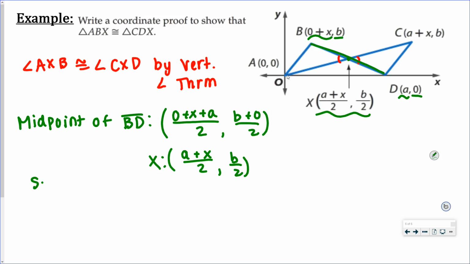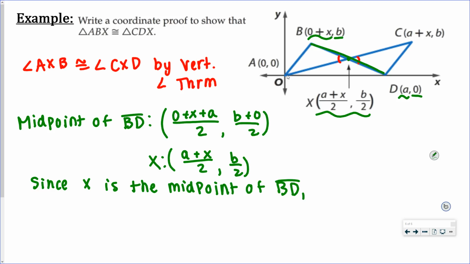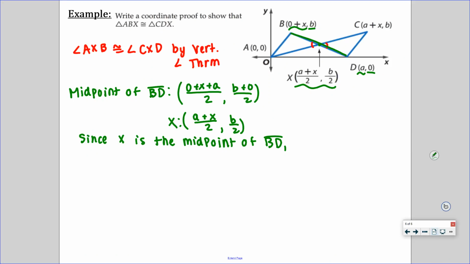x is the midpoint of BD. And since x is the midpoint of BD, what does that tell me? What does the definition of a midpoint tell me? What'd you say?